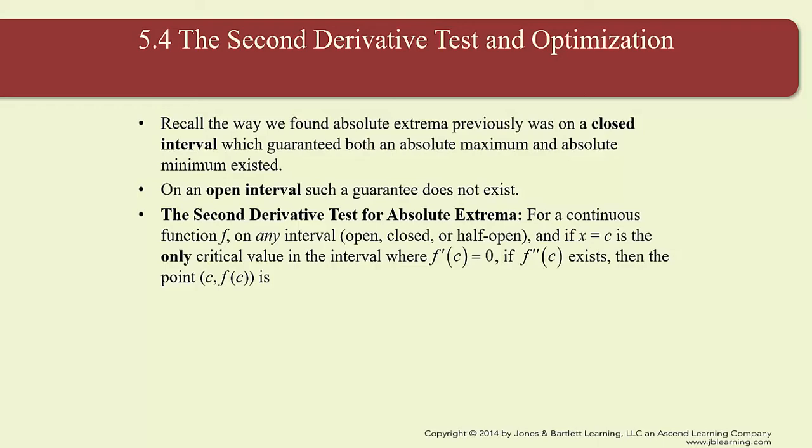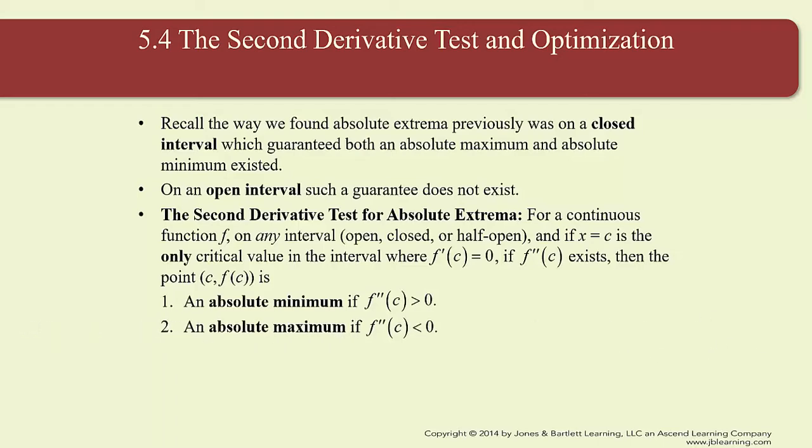So let's reformulate our second derivative test, but now let's look at it for just the absolute extrema case. So if you have a continuous function f on any interval, open, closed, or half open, and if x equals c is the only critical value in the interval where f prime of c is 0, well, if the second derivative exists, then the point c, f of c is an absolute minimum if the second derivative evaluated at c is positive.